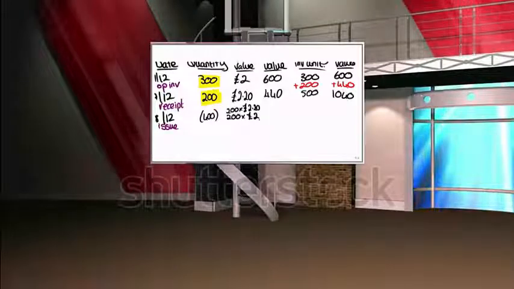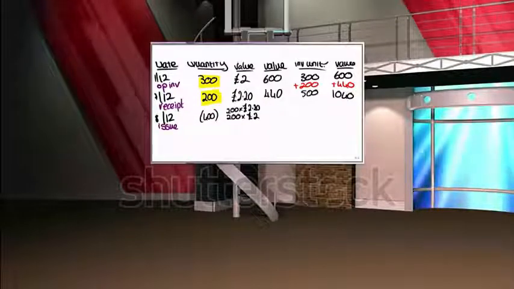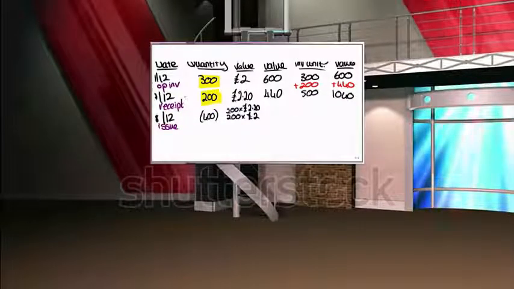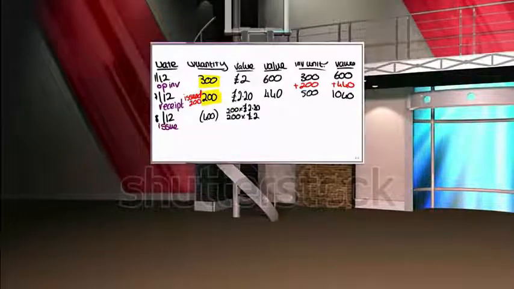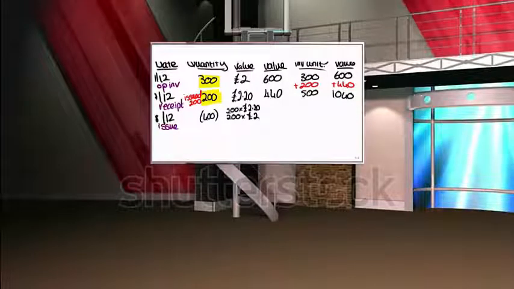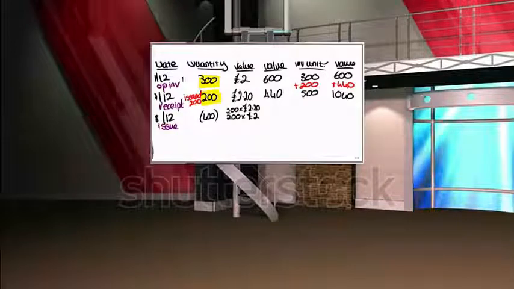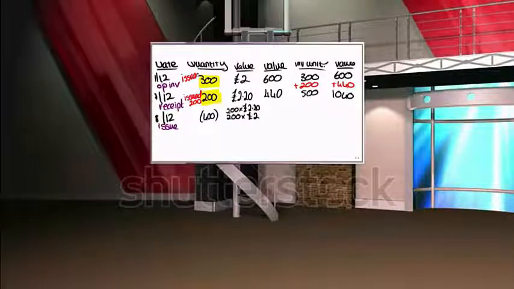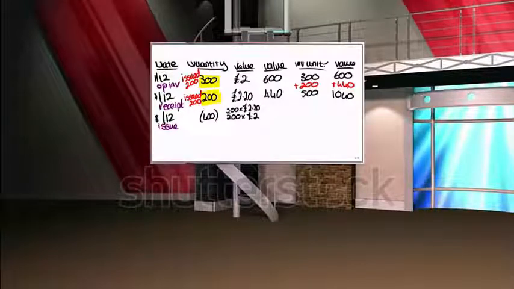Now we're just going to take note when we issue inventory that we have done so. From our receipt on the 7th of the 12th, we have now issued all 200 of those units. From our opening inventory of 300 units, we have now issued 200 of those as well.